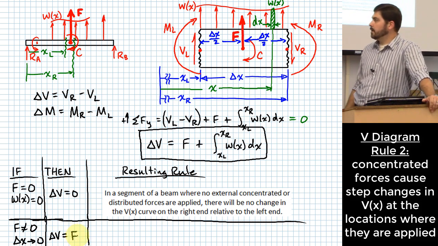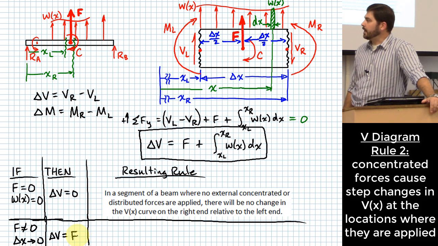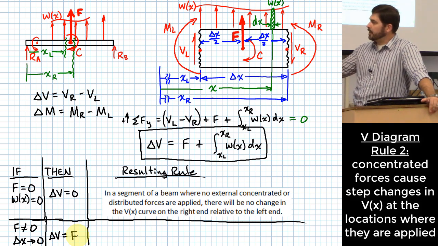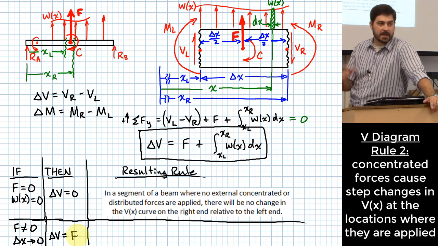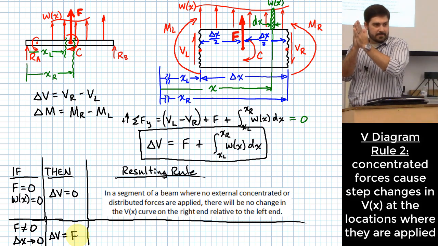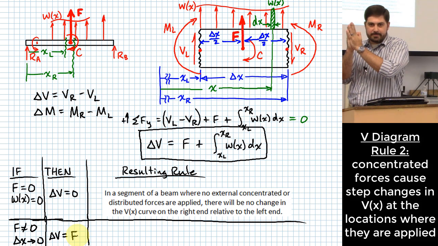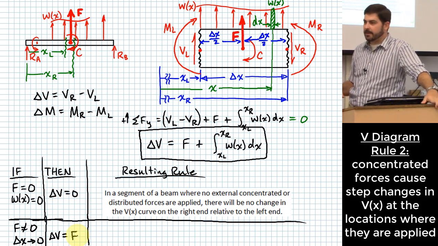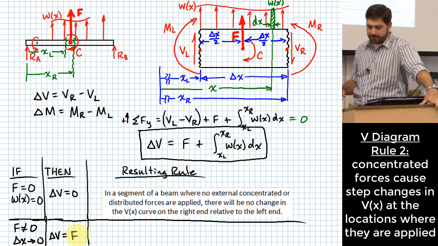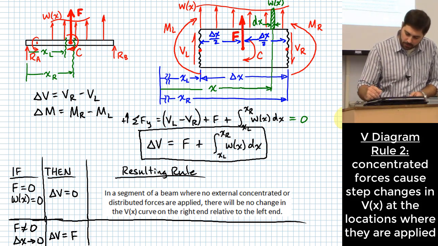Okay? Basically what happens is you can think of the limits of that integral of w of x dx. If those limits, xl and xr, basically become the same point, what happens to the value of that integral? Basically becomes 0, right? So that's why this basically just becomes f, and this leads to our second rule.